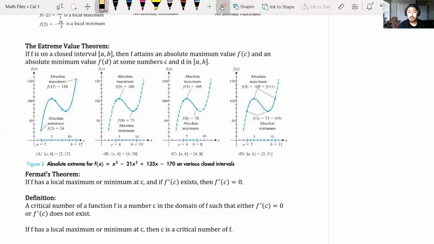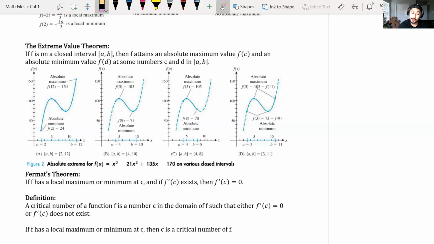So with that being said, we now want to know how to find these maximums and minimums, which brings us to the next theorems and definitions. Fermat's theorem says, if f has a local max or minimum at some value of c, and if the derivative exists at c, then the derivative must be equal to 0.